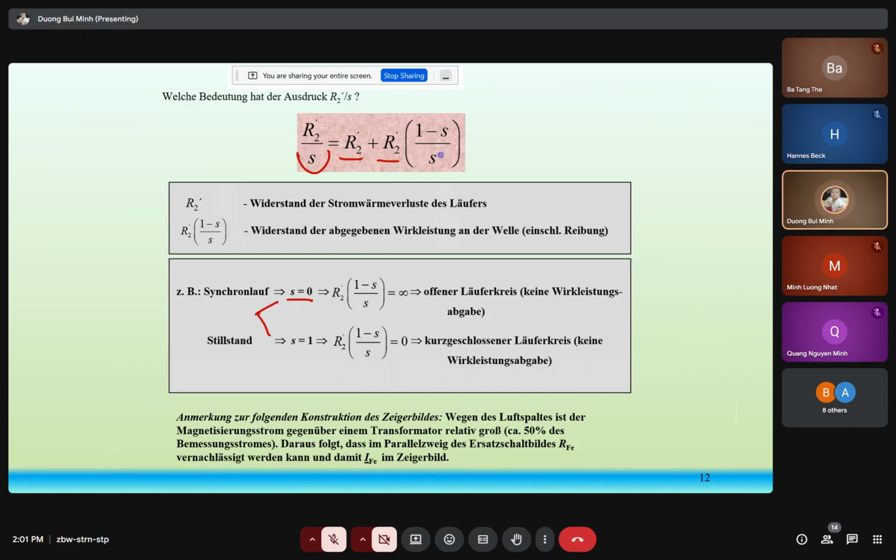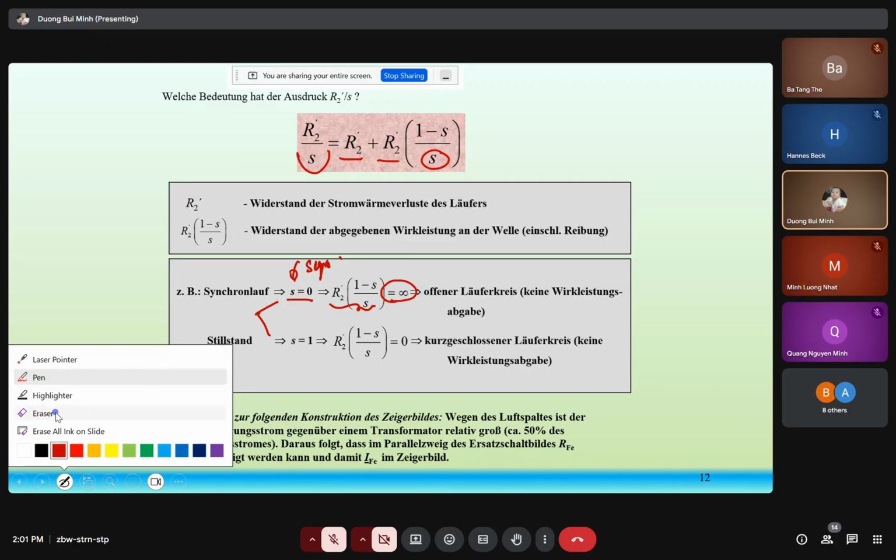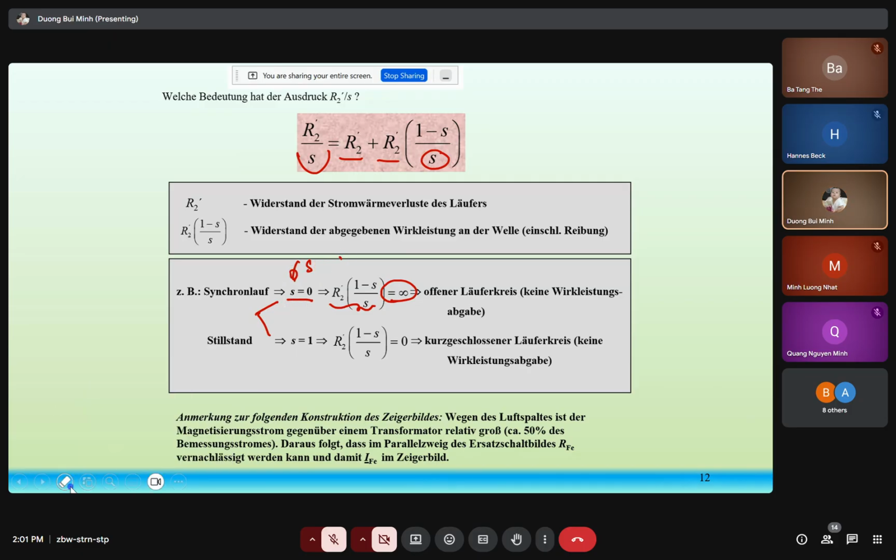If S is 0, this ratio approaches infinity. S is 0 means you get synchronous speed. And if S is 1, you get stationary, that means the rotor is blocked.